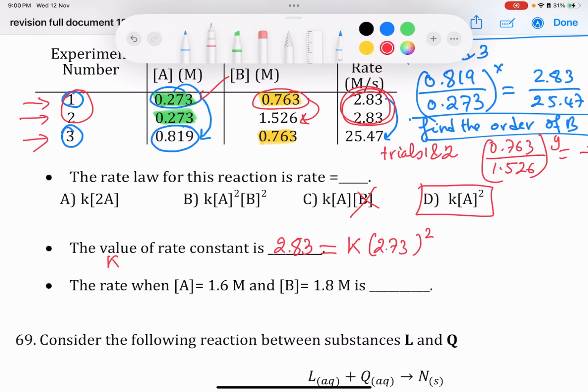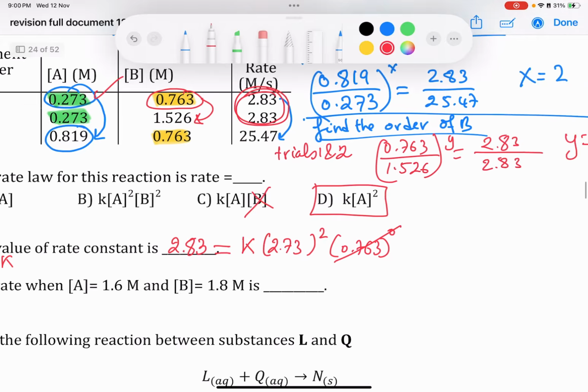I'm not going to add B, because if I put it, it's still going to give me 1, because it's to the power of 0. Therefore, K is 37.97. Now, since this is second order, the correct unit of K must be M^-1 s^-1.